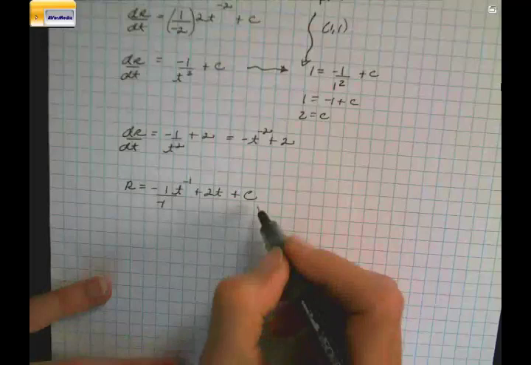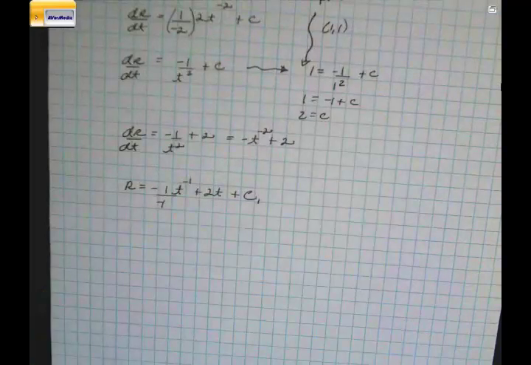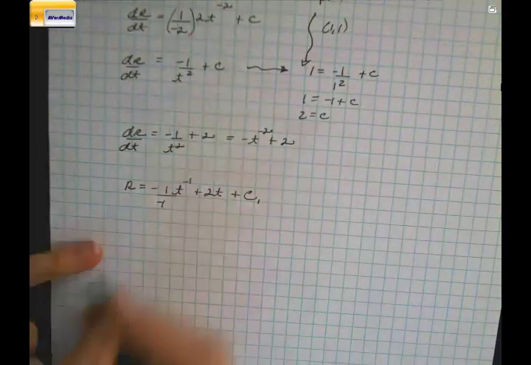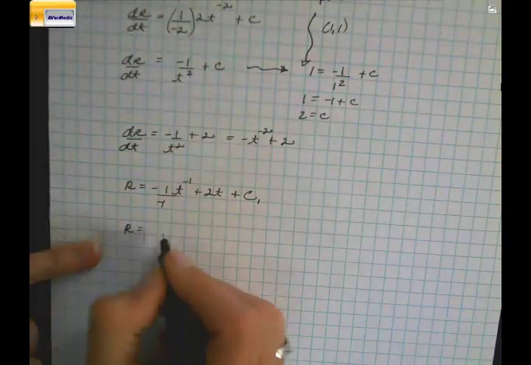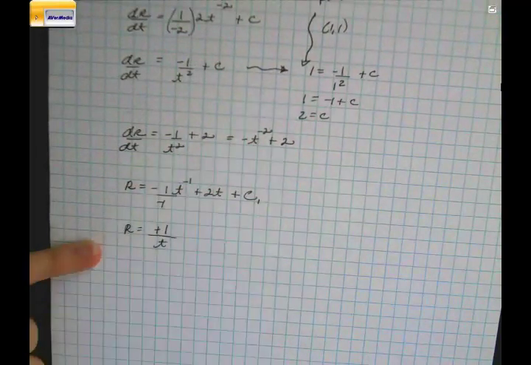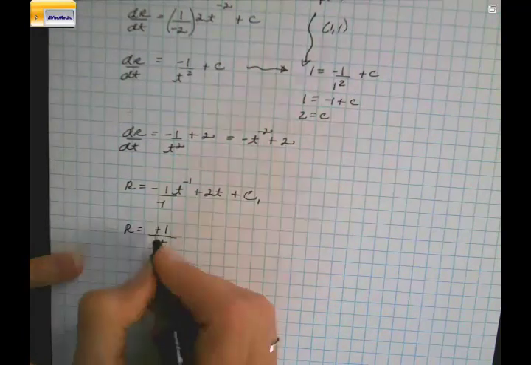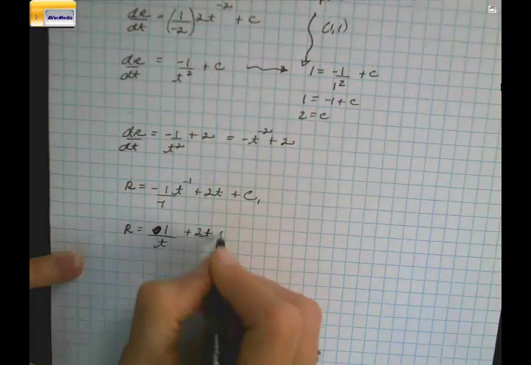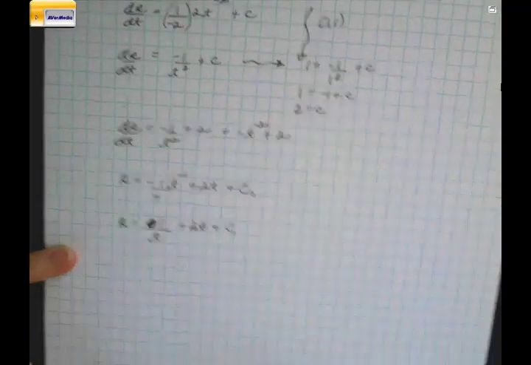And here, if you want to call this c sub 1 so you don't confuse all your c's, you can. So we have r equaling positive, right? 1 over t. r is just 1 over t, and it's positive, plus 2t plus c sub 1.